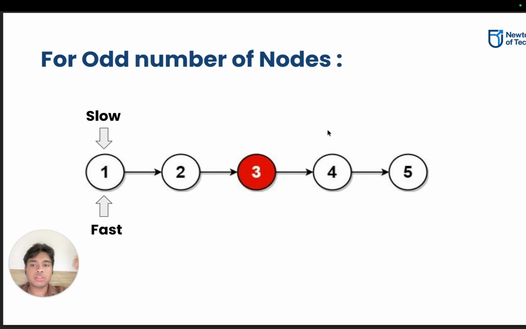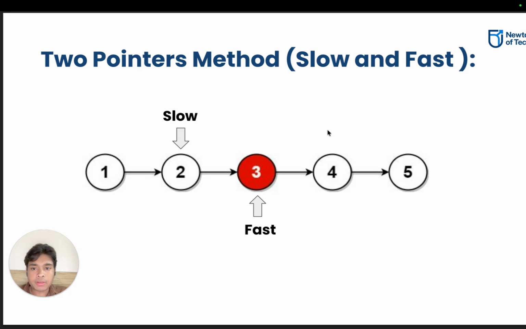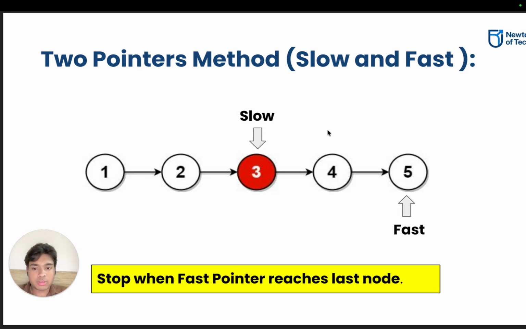Now the slow one will move one step ahead and the fast one will move two steps ahead, and we have to stop when the fast node reaches the last node of the linked list. As you can see in the diagram, you can visualize it easily. So here also you can see the fast pointer has reached the last node. The instruction is also written here: stop when the fast pointer reaches the last node.